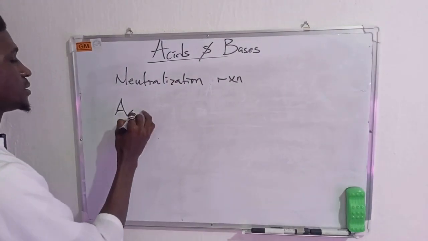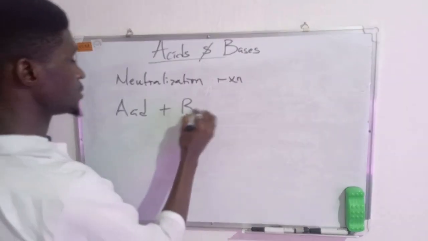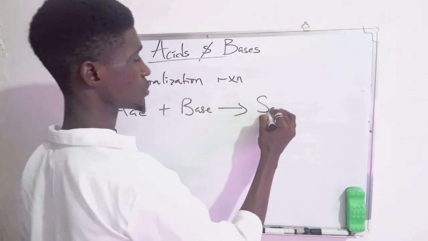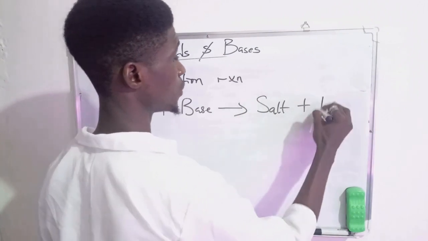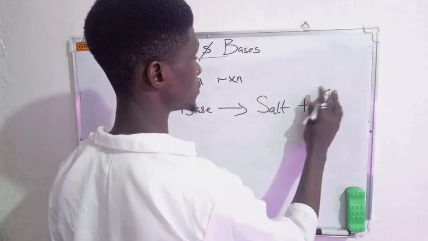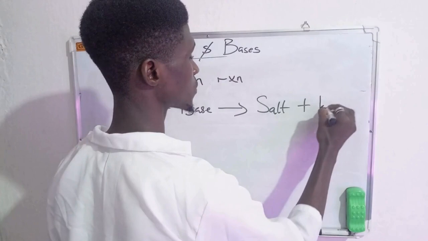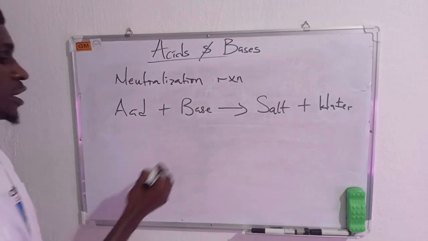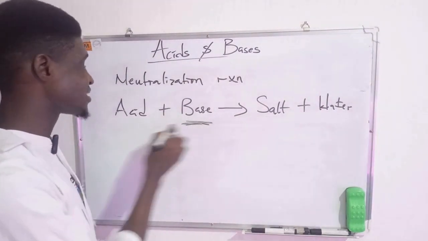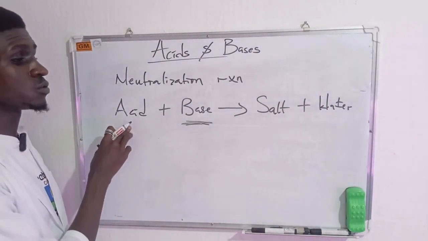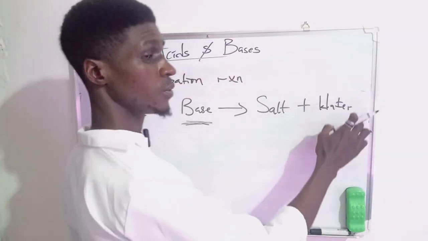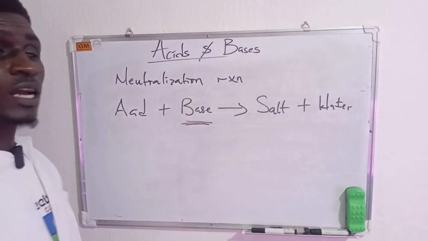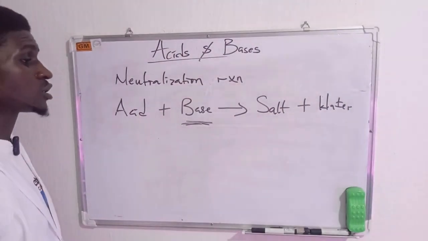Acid plus base will give you salt and water only. So a base is any substance that neutralizes acid to form salt and water only.